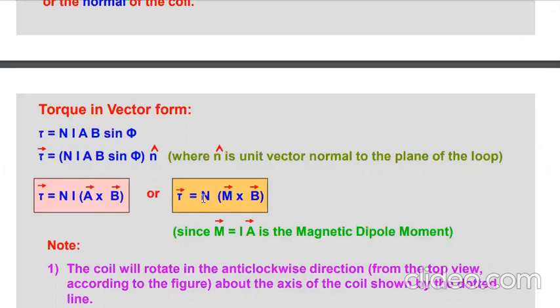So tau equal to N into M cross B. In case N is equal to 1, that is the number of turns is 1, then tau equal to M cross B. And in case the number of turns is N, then tau will be N times that of the single coil.